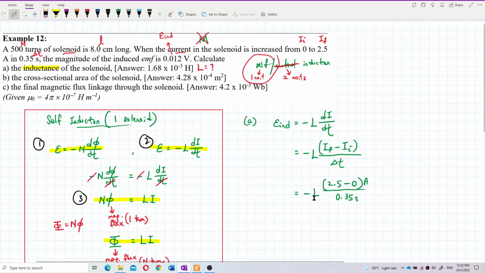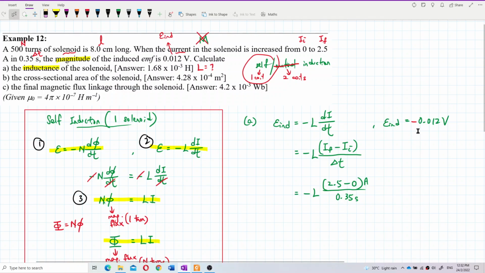So I want to find L. I have the E induced 0.012, but this is just the magnitude only. So you need to give direction for this E induced. Actually, in front there is a negative sign because it's back EMF.